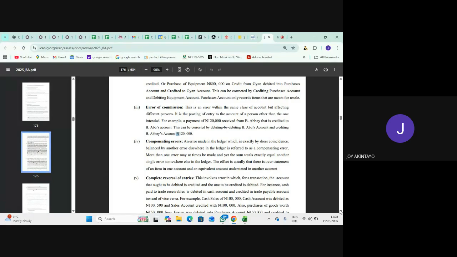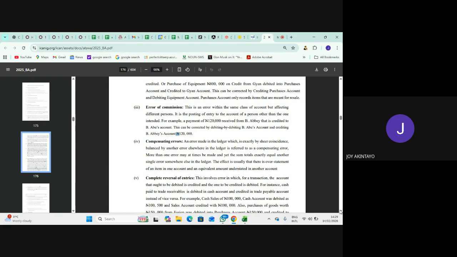Now, more than one error may at times be made, and yet the sum total is exactly equal to another single error somewhere in the ledger. Let's assume a debit error has occurred in two or three places, then the corresponding credit entry to these errors occurred as the summation of all these debit errors in another account.